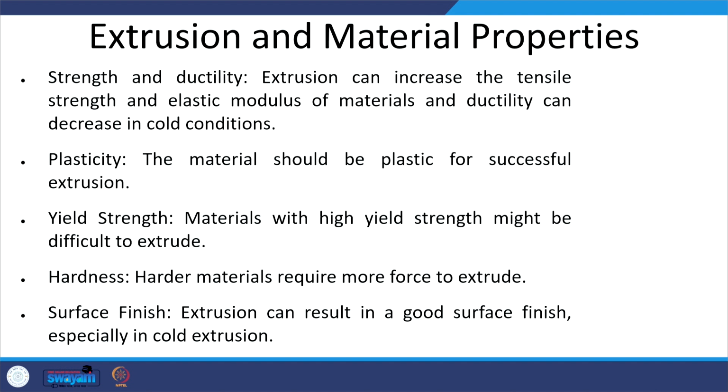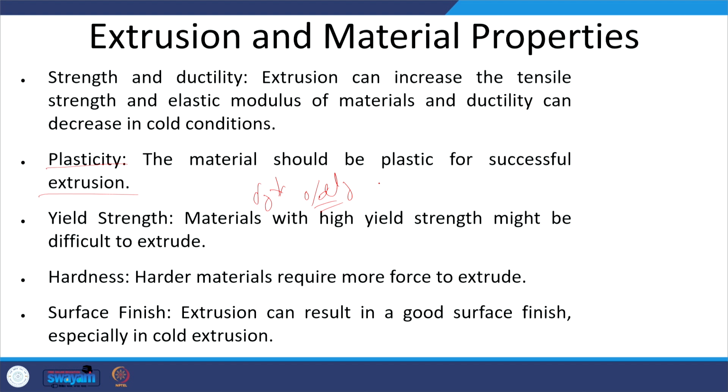Certainly the material should show enough flowability, so that when pressure is applied it starts flowing out of the nozzle to realize the desired shape, and therefore, the material should show enough plasticity under the extrusion condition. These may be high temperature or low temperature conditions. As per yield strength, the material should show lower strength and higher ductility in terms of percentage elongation.